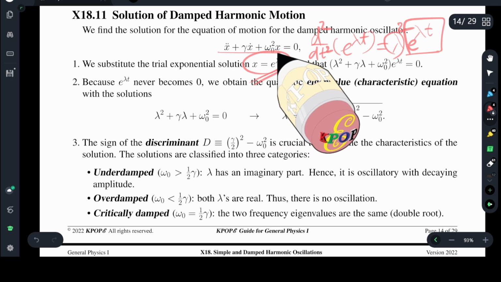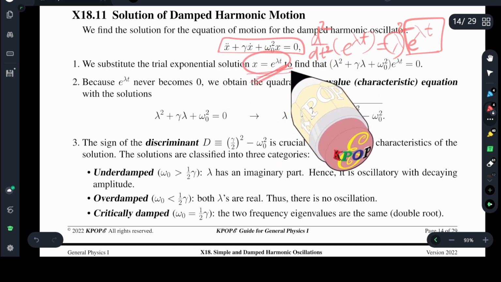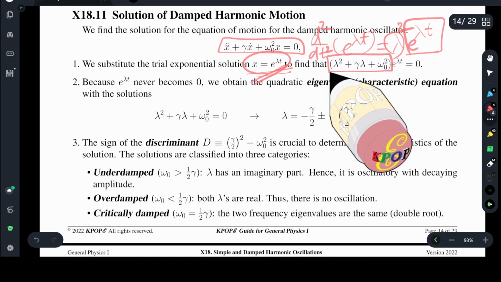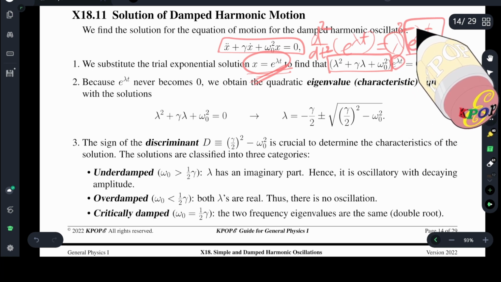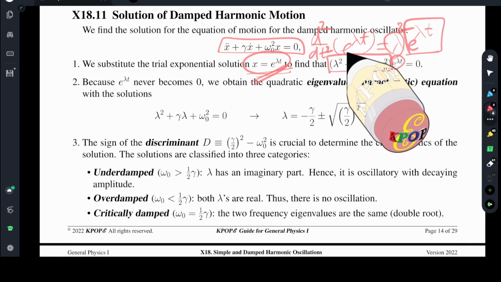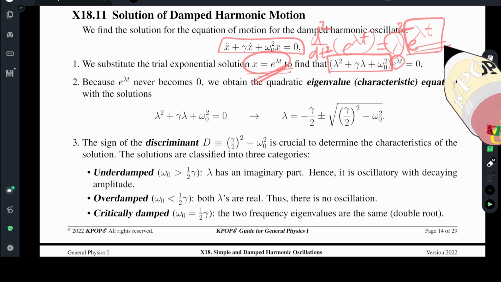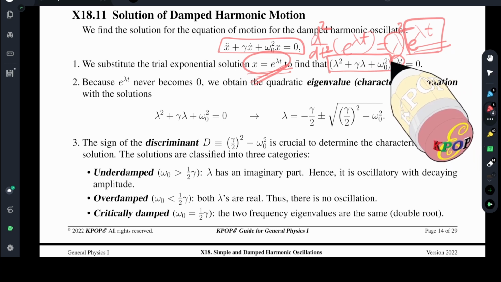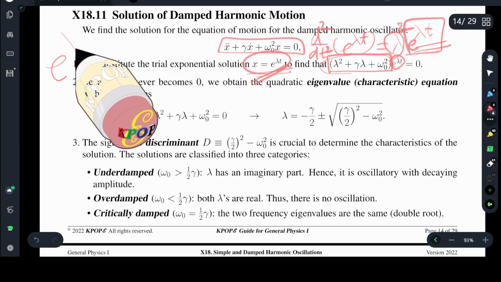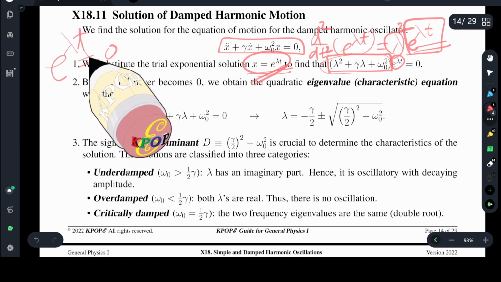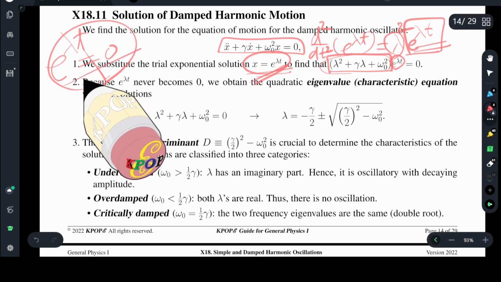Then what you obtain from this equation by substituting this trial solution is a quadratic form in lambda. Every term has the same factor e to the lambda t, so I can factor this out. However, this exponential function is never zero.